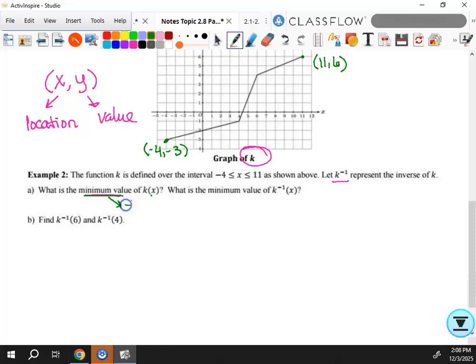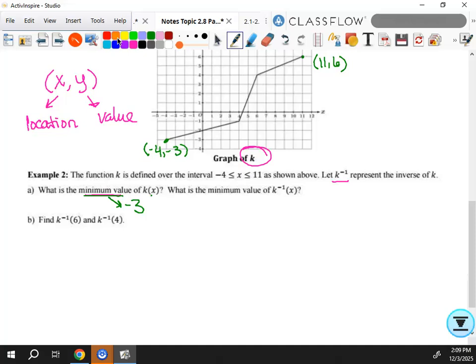Negative 3. Good. So I know we switch x and y. I know we switch domain and range. Do you think maybe we also switch maximums and minimums? It kind of depends, okay? So let's look at what's happening here and think about it before we just jump in and try to give an answer to something.